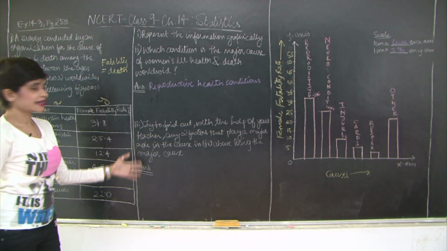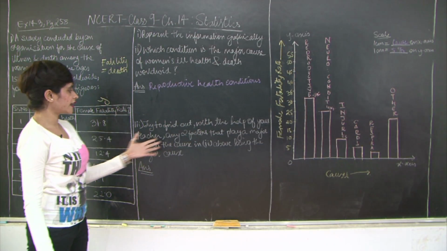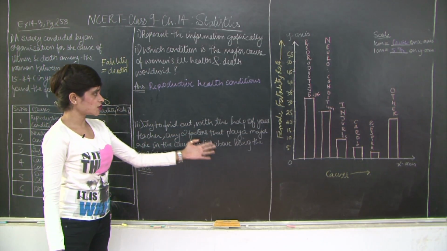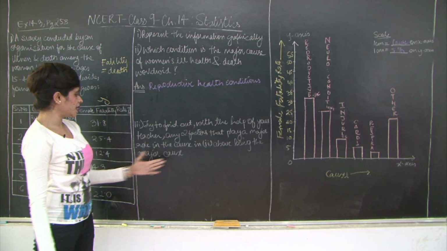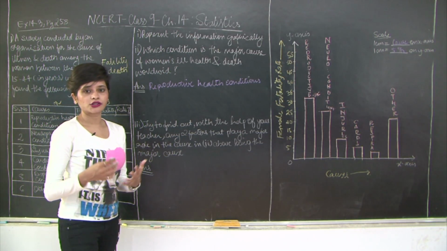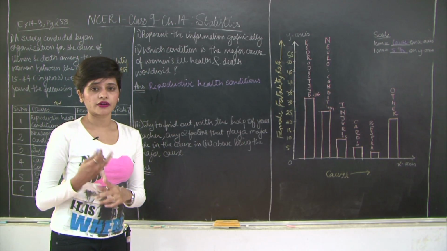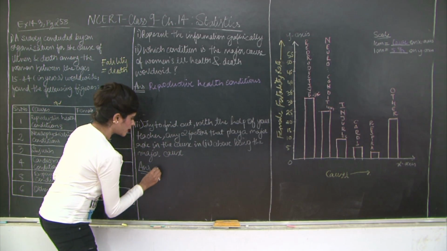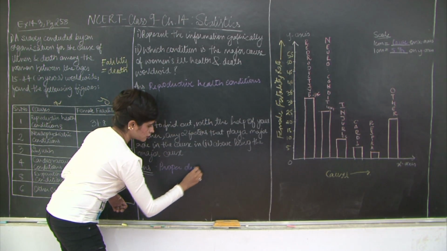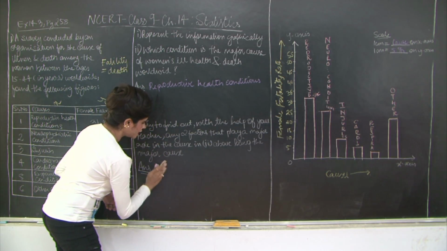Alright, and the second question, try to find out with the help of a teacher any 2 factors that play a major role in the cause of question 2 above being the major cause. So like I discussed, reproductive health conditions could lead to fatality when the right environment is not there, when there is no proper diet. So I'll say lack of proper diet.